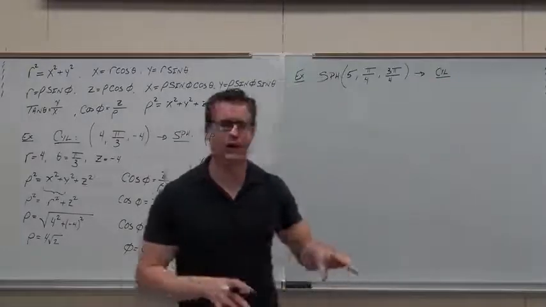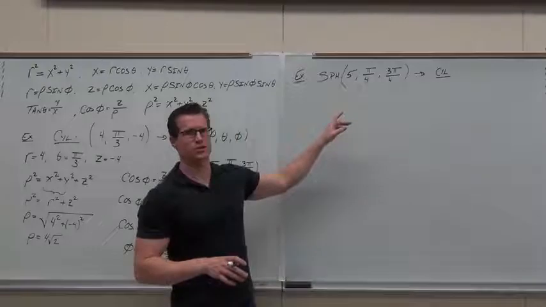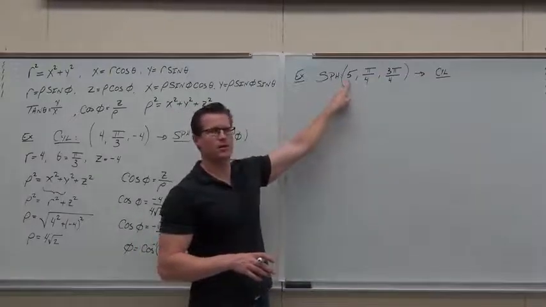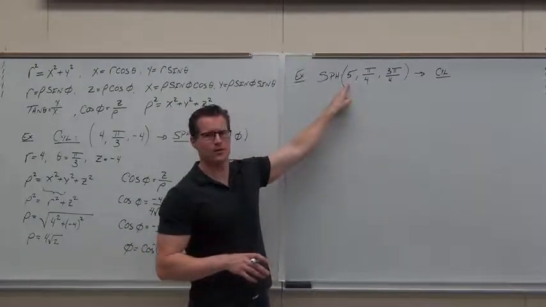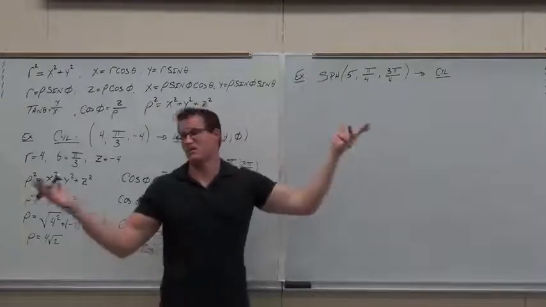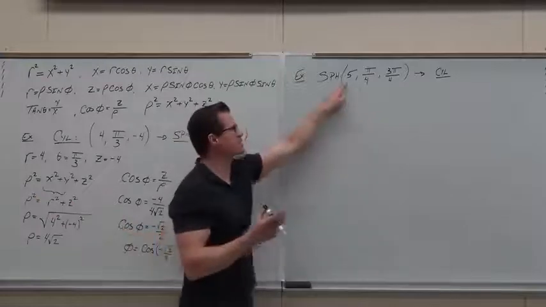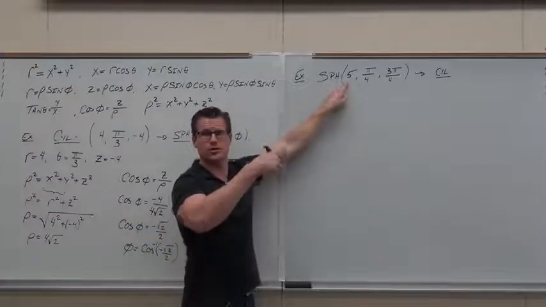So right now, if I give you spherical, what does that number mean? What is the 5? R, X? I don't know, it's probably one of those. What's this one? Rho. It's a rho, because spherical starts with rho.